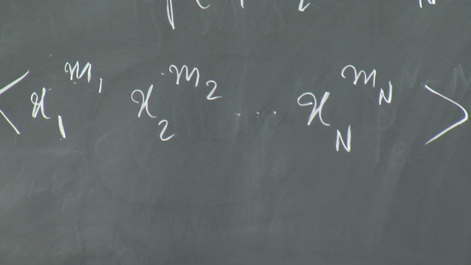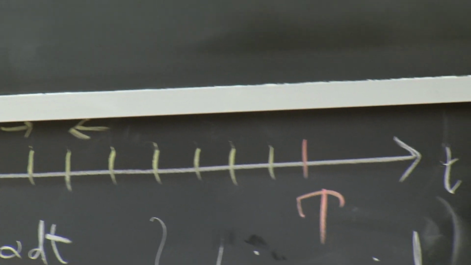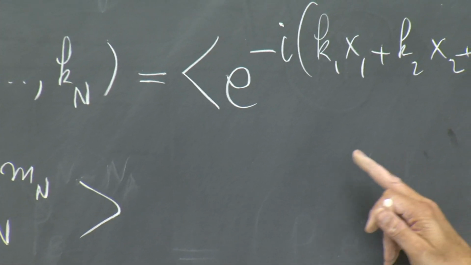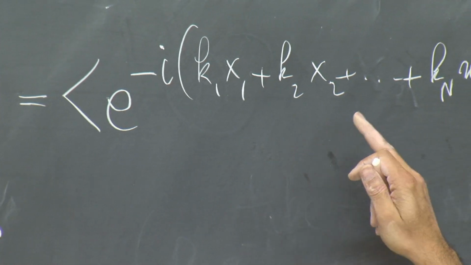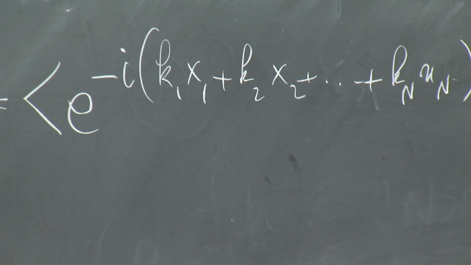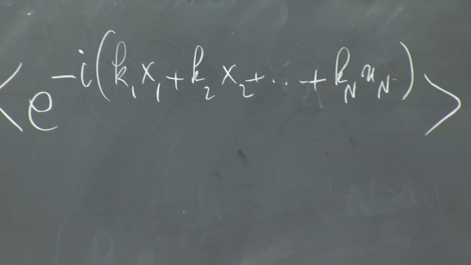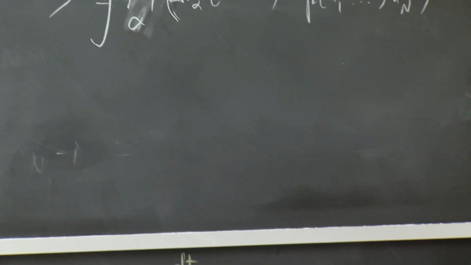Now the thing is that the same way that moments for one variable could be generated by expanding the characteristic function, if I were to expand this function in powers of k, you can see that within the expectation value I will get various powers of x1 to some power, x2 to some power, etc. So by appropriate expansion of that function, I can generate all of, or read off all of these moments.